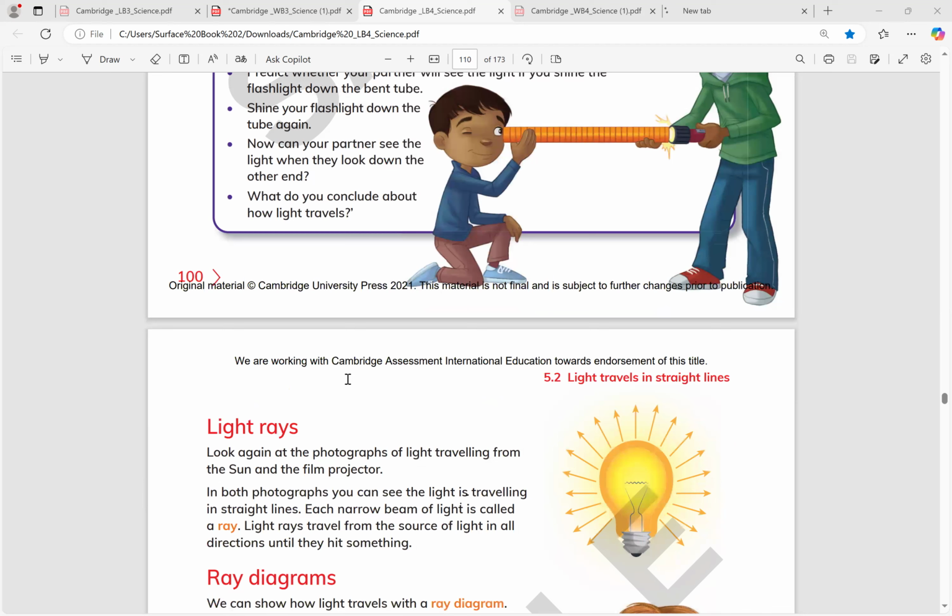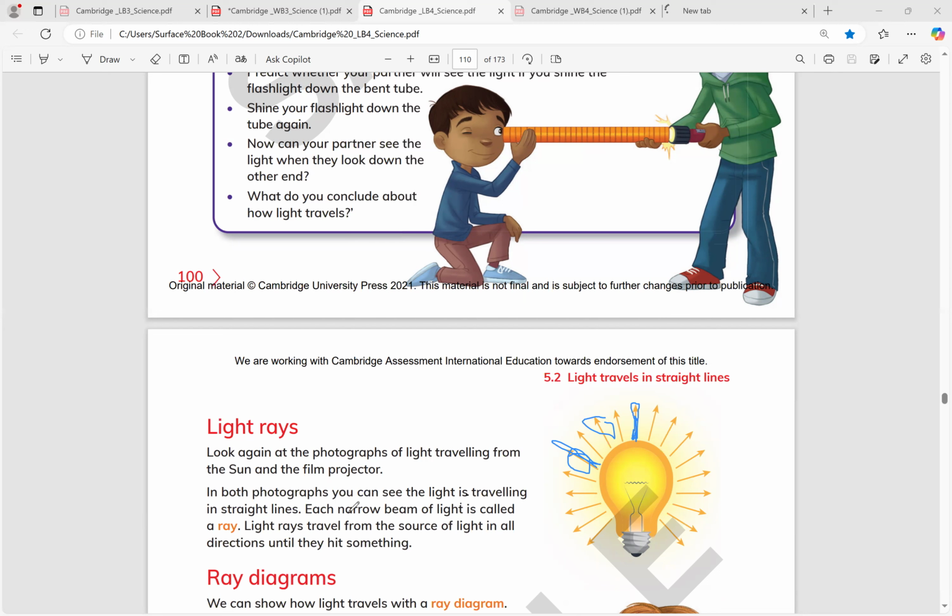Now, light rays. Let's look again at the photographs with the light traveling from the sun and the projector. In both photographs, you can see the light is traveling in straight lines. Each narrow beam here, what is it known as?